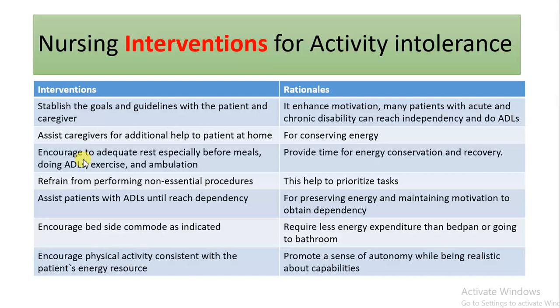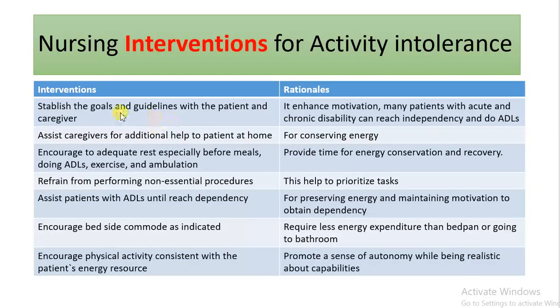So, nursing interventions for activity intolerance. In this part, I go on to the interventions. The nursing interventions are very important. The first intervention is to establish goals and guidelines with the patient and caregiver. As I said, the patient should help themselves and the caregivers should help the patient. So we should establish or maintain goals based on the patient's status or conditions.